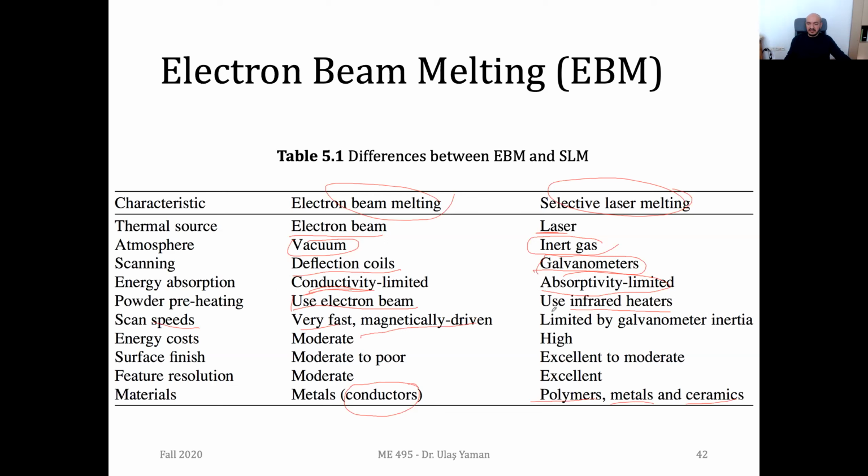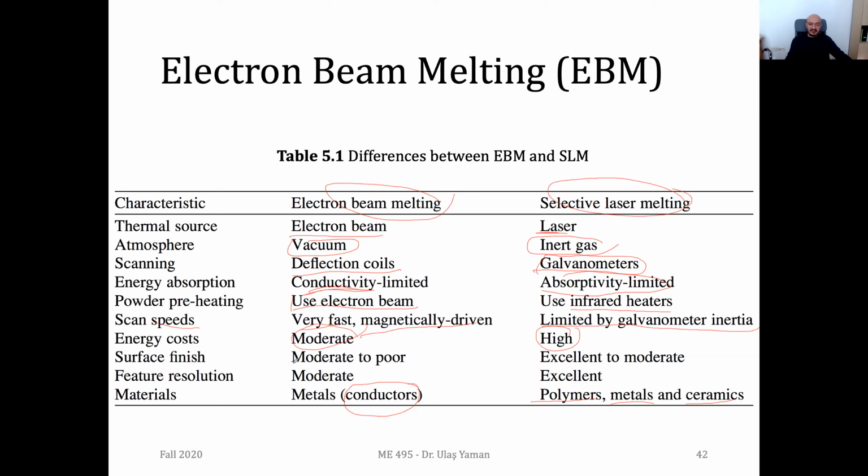And if you consider selective laser melting, we are using lasers, and it's limited by the inertia of your galvanometer. But again, not that high. They quite have high speeds compared to, let's say, the FDM process. And the energy costs are a bit higher for the laser side, but for the electron beam, it's not that much.